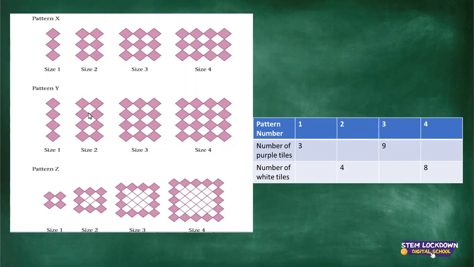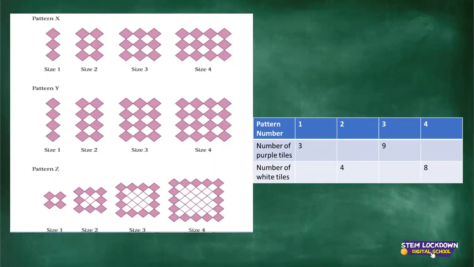Now before we move on to size number 6, what is the number of the white tiles? We were working on size 5 with the purple tiles. Now what is the number of the white tiles that we'll get on size 5? Remember, on size 1, you have no white tiles. We have 3 on size 2, 6 on size 3, 9 on size 4.